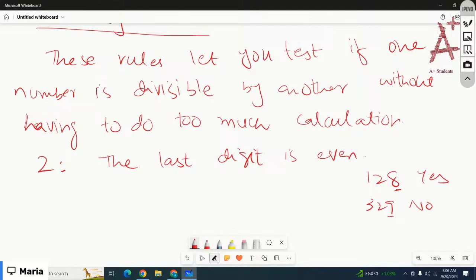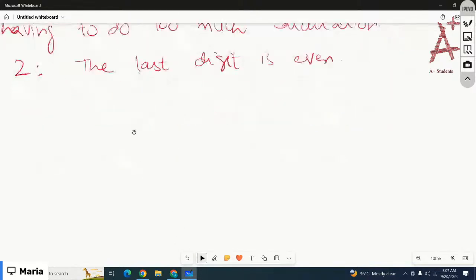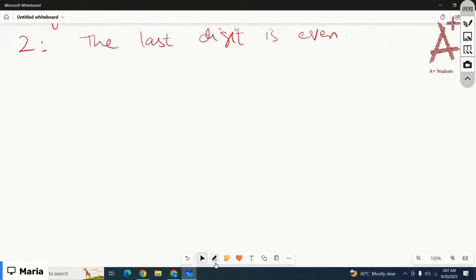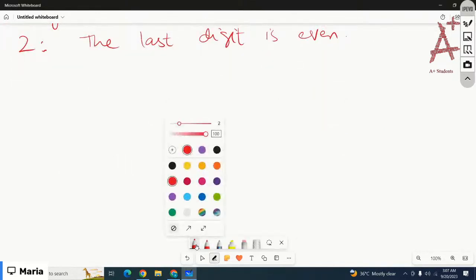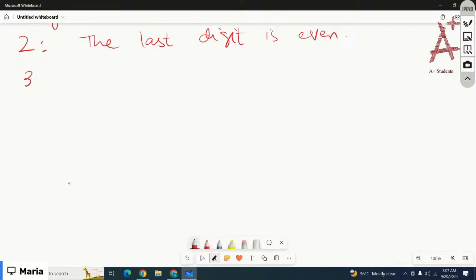Okay, let's just see the divisibility rule for 3. You can note down these divisibility rules. The divisibility rule for 3 is the sum of the digits is divisible by 3.